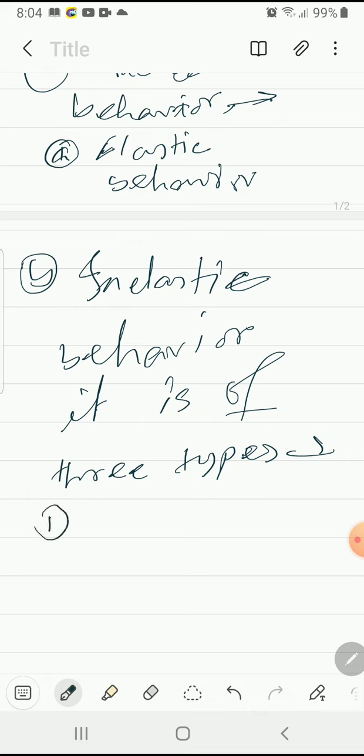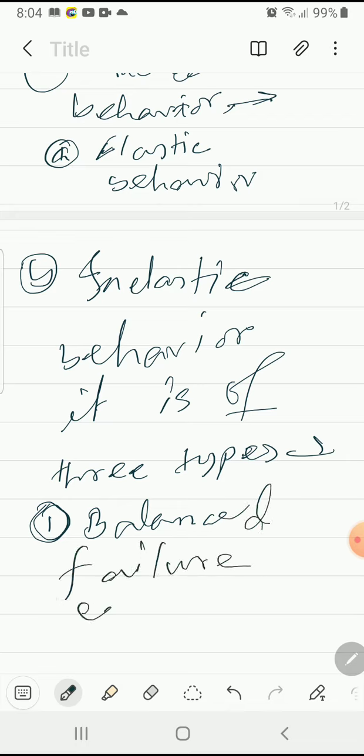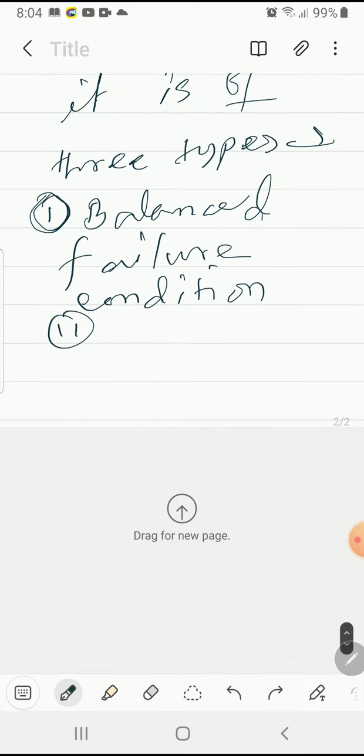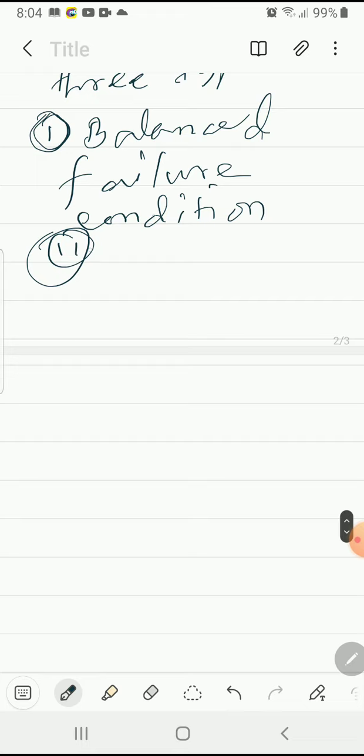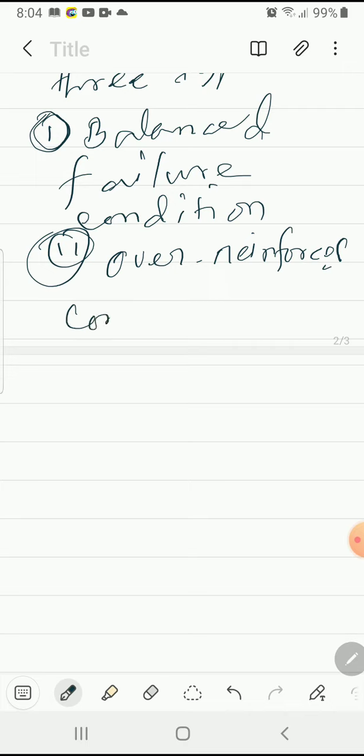Number 1, balanced failure condition. Number 2, over reinforced condition failure.